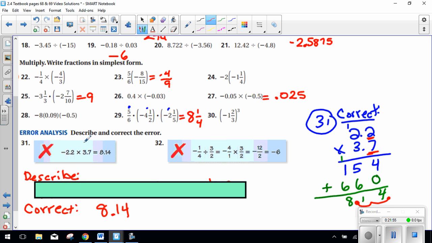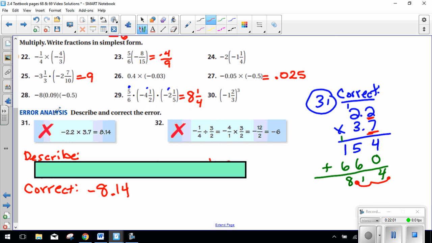A negative times a positive is a negative. So hopefully you can see the mistake. The mistake this person made was that they left the solution positive. It's very common for students to say, well, the 3 is bigger than the 2, so the answer has to be positive. But in multiplication, since the signs are different, the answer is going to be negative. That's the same rule in chapter 1 when we had integers with different signs.